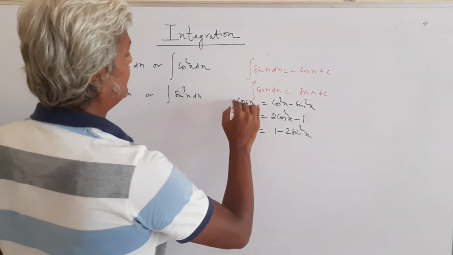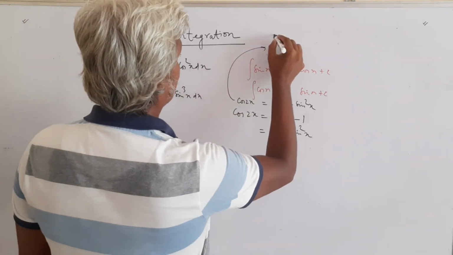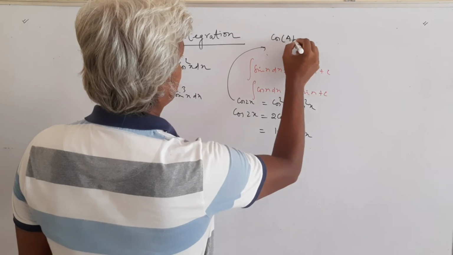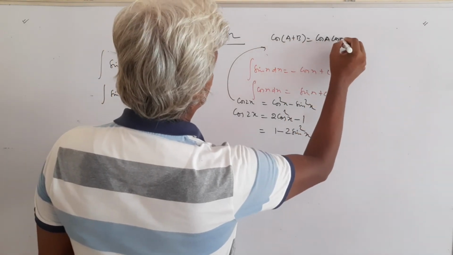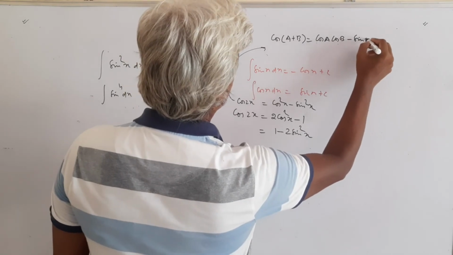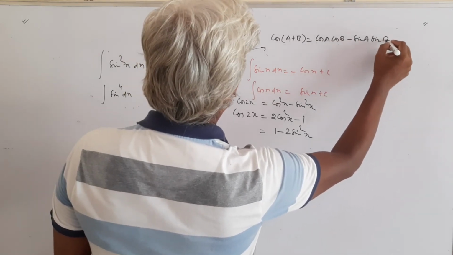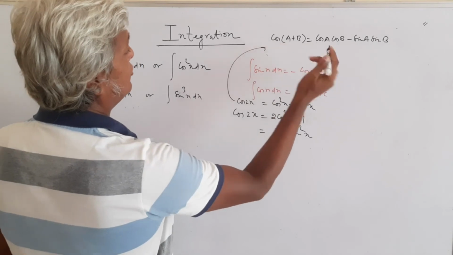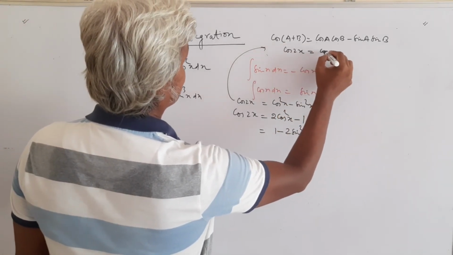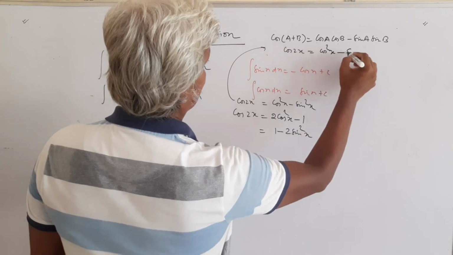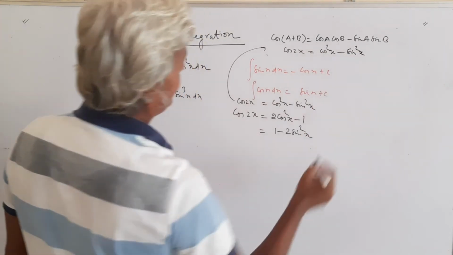This formula has come from cos(a plus b) is cos a cos b minus sine a sine b, and if you make a and b both x, this becomes cos 2x is cos square x minus sine square x.